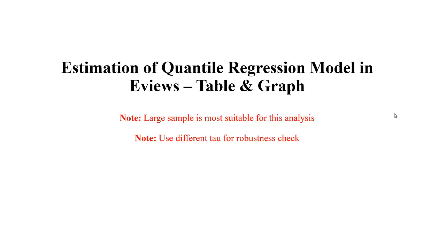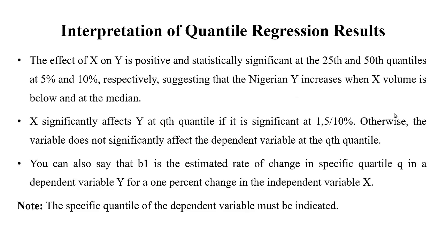Of course, you can estimate more, maybe 0.7 quantile, which is 70 percentile, or 90 percentile. So instead of using different techniques of analysis to authenticate your results, you can just estimate for different quantiles, then you compare the results. If the results are similar, then you can conclude that your result is robust enough.